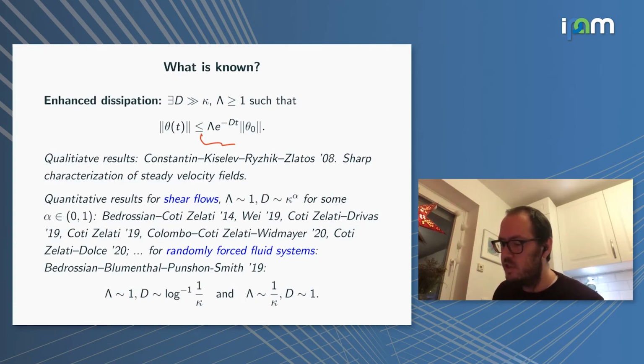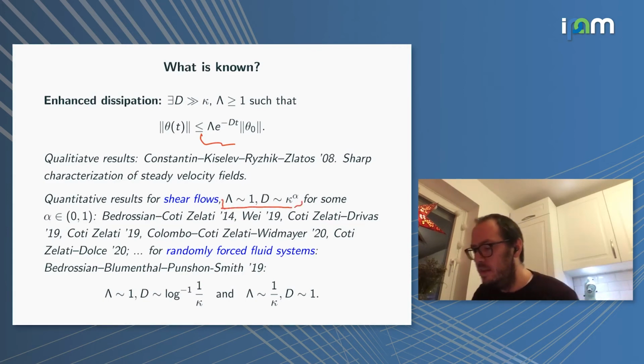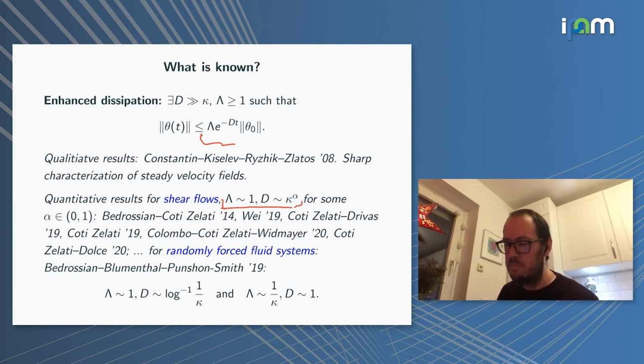The shear flow estimates are as follows. This quantity lambda is order 1, and d, this rate in the exponential, is just some power kappa to the alpha of the diffusivity constant, for alpha between 0 and 1. So for monotone shear flows without boundary, I guess alpha is a third, and there are various results with boundary, without boundary, non-monotone, and so on.